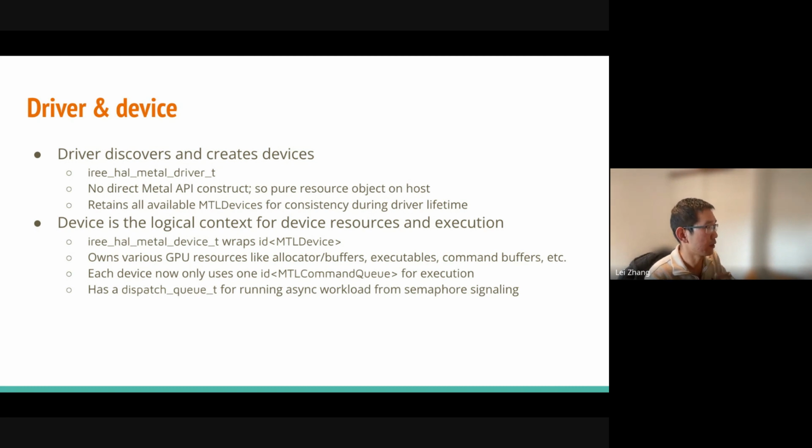It also has an associated dispatch queue for running async workloads from semaphores. I will talk more about that when talking about semaphores. Basically, it's still a kind of direct translation because of the similarity between the IREE HAL and the Metal API at this level.